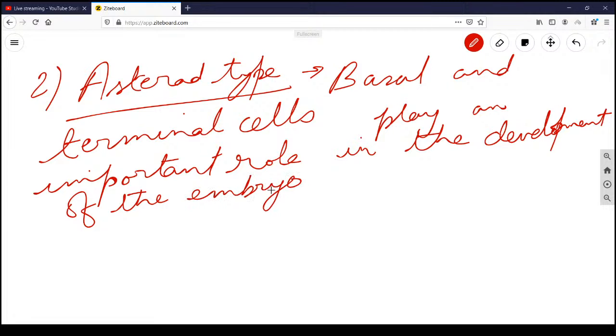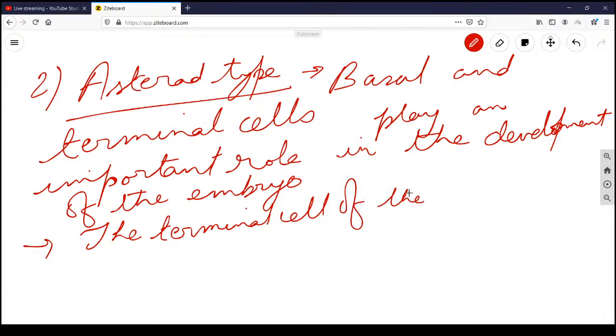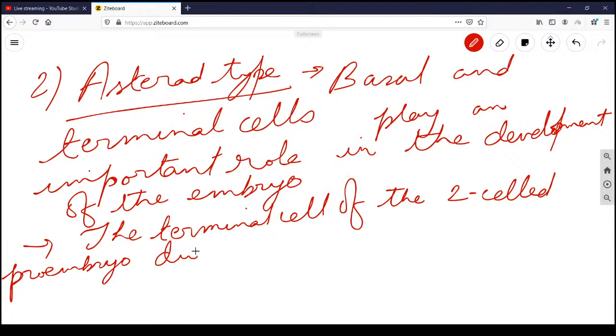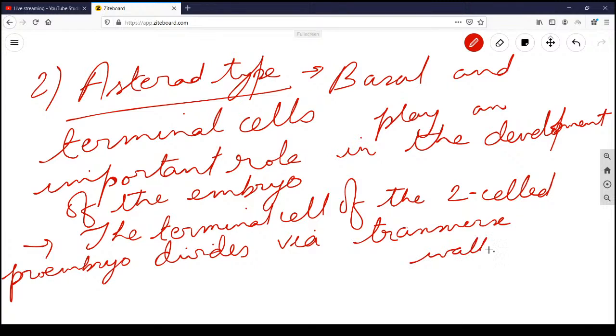That is point number one. Point number two, only for NEET examination: the terminal cell of the two-celled proembryo divides by a transverse wall, which means a transverse division takes place.